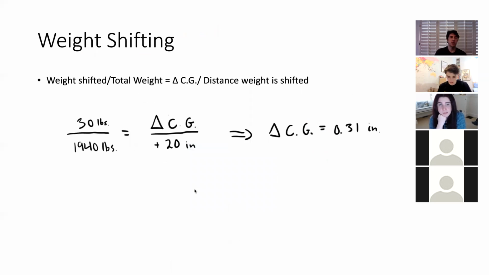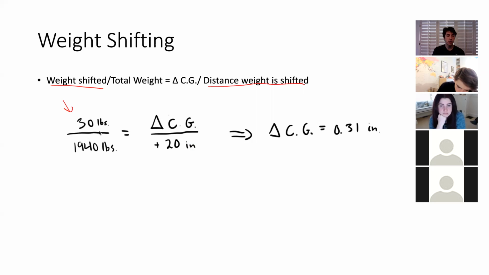Weight shifting is just another equation we have that's going to tell us how the CG is going to change. In this example, we're shifting 30 pounds. So weight shifted divided by total weight, which is 1,900, equals the change in CG over the distance the weight is shifted.